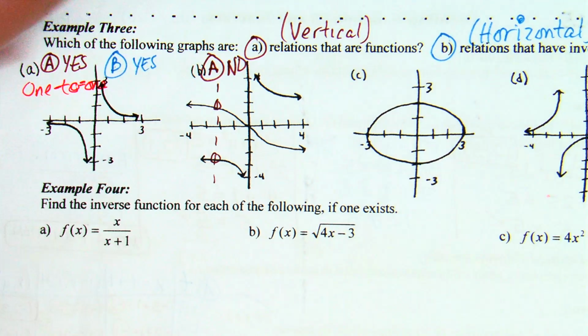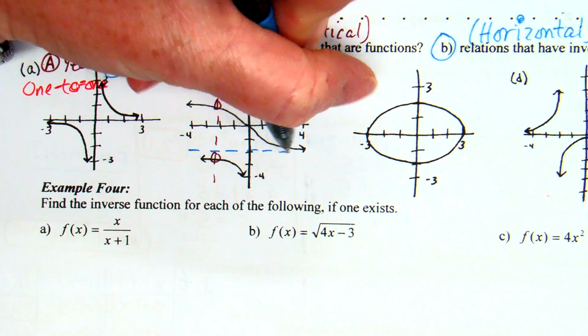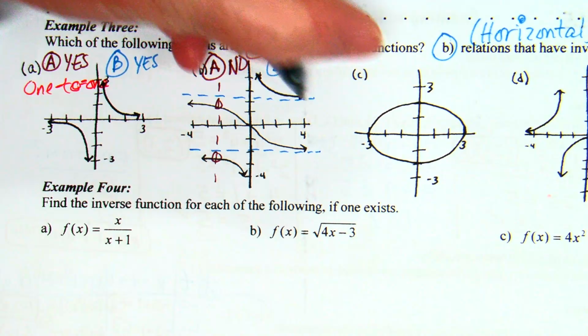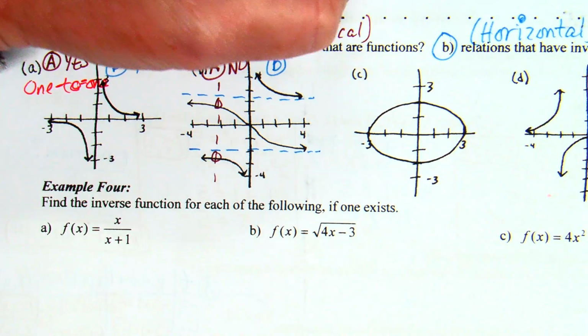Yes, and that's because it passes the horizontal line test. Do you realize what's happening here? These graphs are not going to extend and overlap each other because there are horizontal asymptotes happening. The horizontal asymptotes are running along there, and all the graphs are fine otherwise. So yes, it has an inverse.